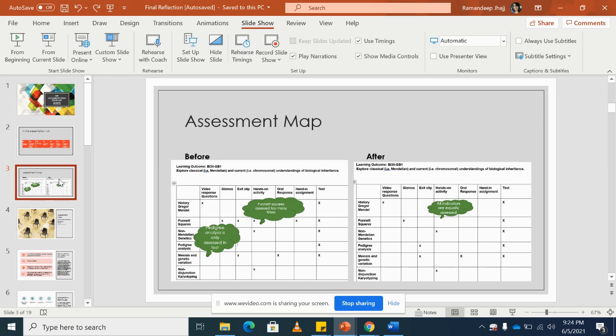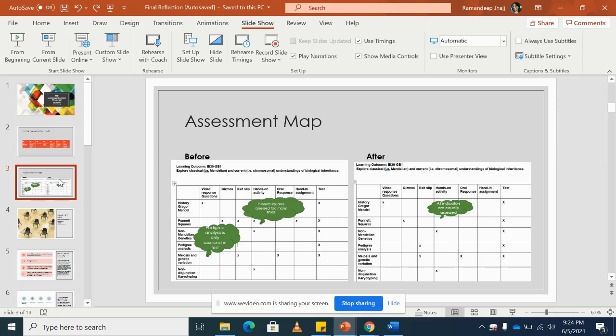And then they will learn about Punnett squares and they will use an interactive gizmos activity to show their learning. And for non-Mendelian genetics, I will have them work on a hands-on activity. And for pedigree analysis, they will have an exit slip where there will be 3 multiple choice questions they will be answering.